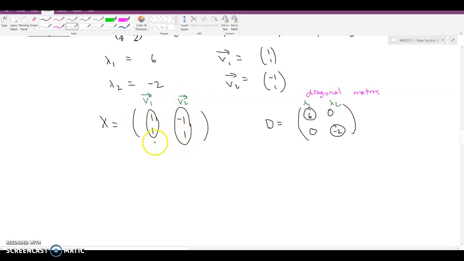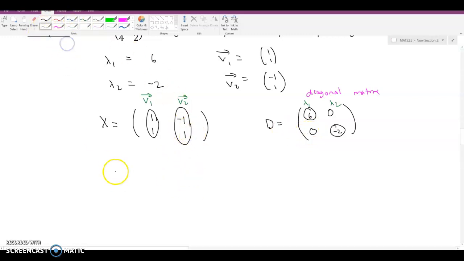If you switch these two vectors, you would need to put negative 2 up here and put 6 down here, because the column corresponding to the eigenvector needs to have the corresponding eigenvalue along that diagonal element. You will get the same answer. It will still decompose, and the decomposition is not unique.